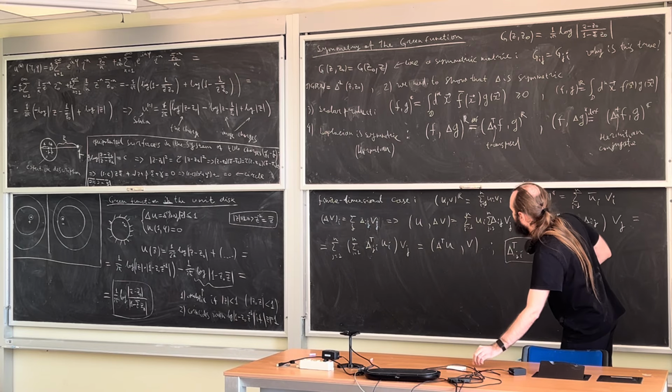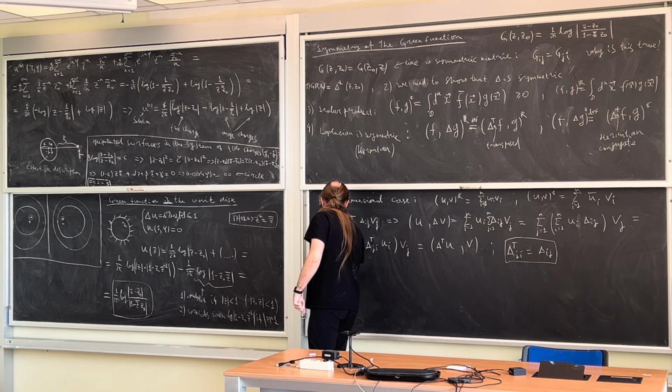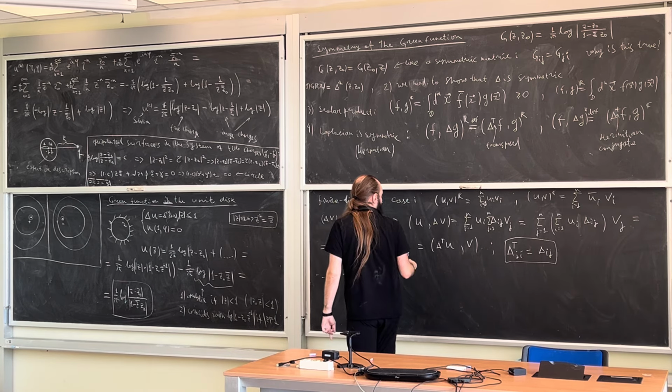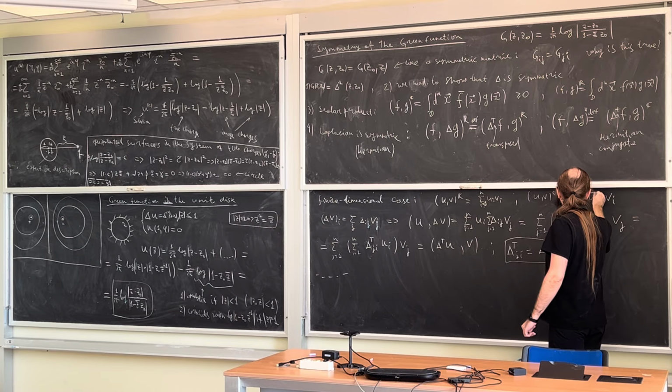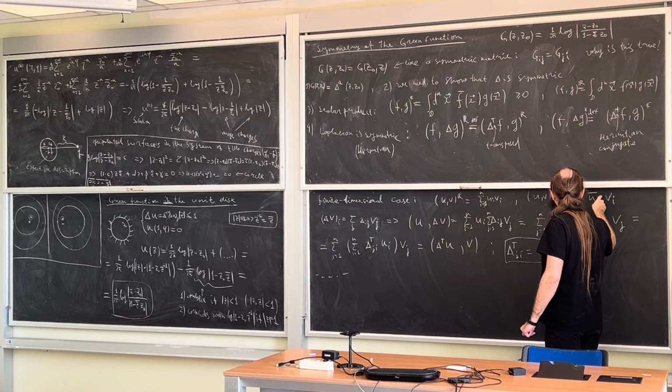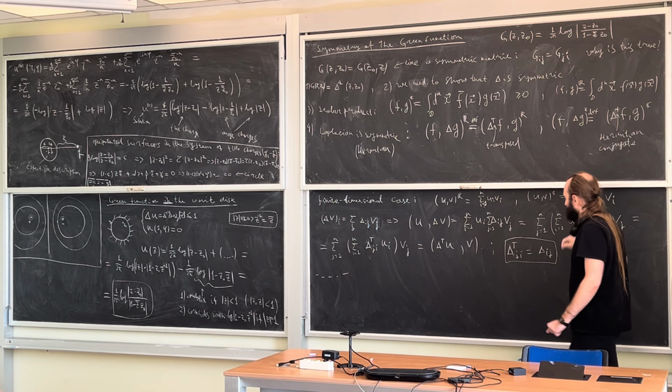And in the same way, we can compute the same quantity for this Hermitian scalar product, but here we would need to add a complex conjugation.